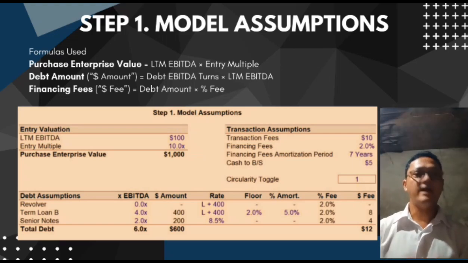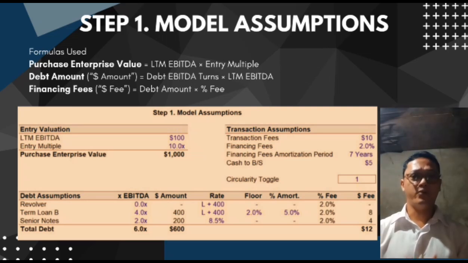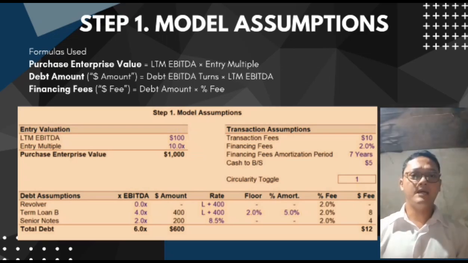As you can see, the interest rate cannot fall below 6% because of the floor. In the final column, we can calculate the financing fee based on the amount of debt raised. Since 400M was raised in term loan B and 200M in senior notes, we can multiply each by the 2% financing fee assumption and sum them up to arrive at 12M in financing fees.